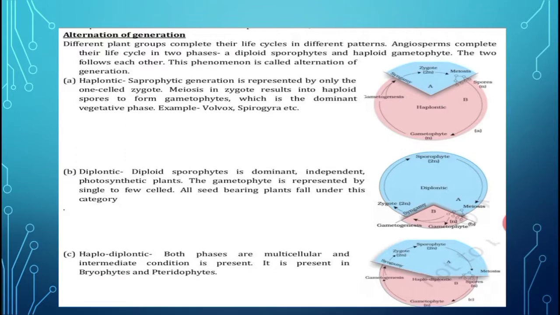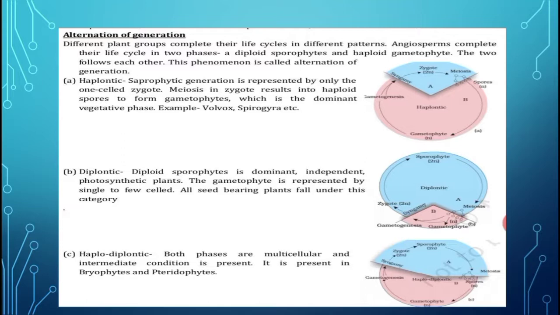Now moving to the last topic, that is alternation of generation. Life cycle of an organism has sequence of events that occurs from birth to death of an organism. In plants, both haploid and diploid cells can divide, and it divides by mitosis.